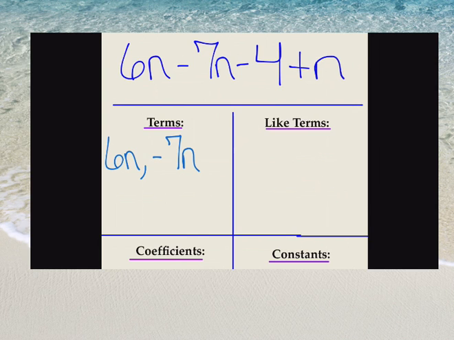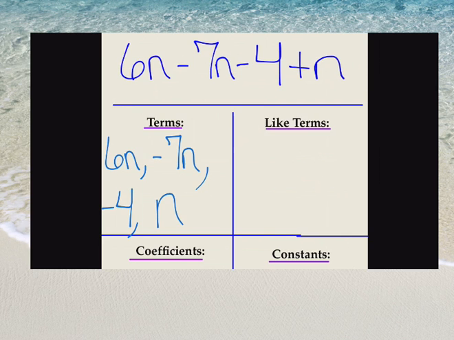Since there's a subtraction sign here, we have to group that with our 7n. Okay, so that's called negative 7n. Okay, negative 4, once again, because the subtraction sign is in front of it. And our last term is n. Okay, so again, our terms are 6n, negative 7n, negative 4, and n, which means we have a total of 4 terms.